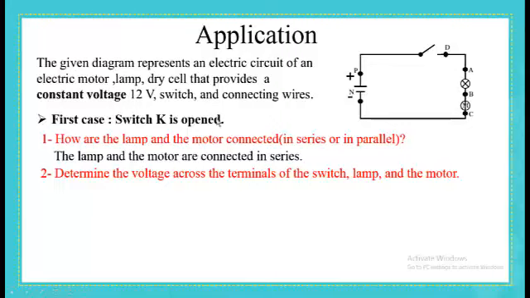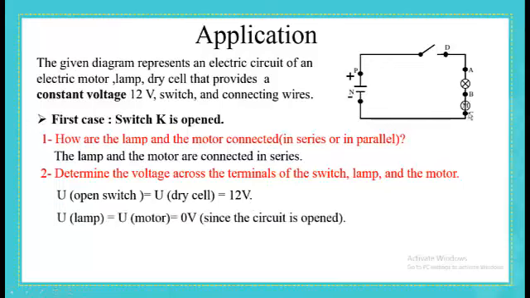Pay attention, the switch is opened. Take your time and write your own answers. So, the voltage across the open switch is equal to that of the dry cell, which is equal to 12 volts. Concerning the lamp and the motor, the voltage is 0 because the circuit is an open circuit.